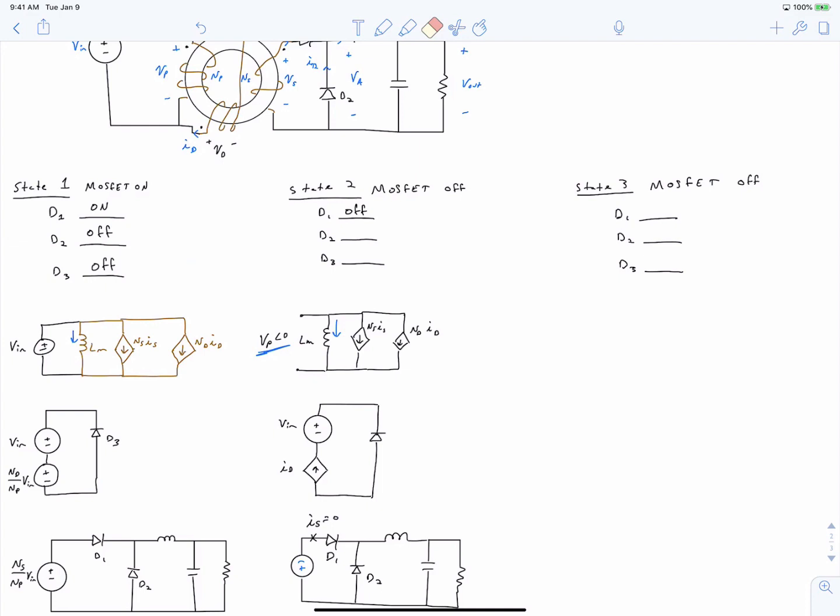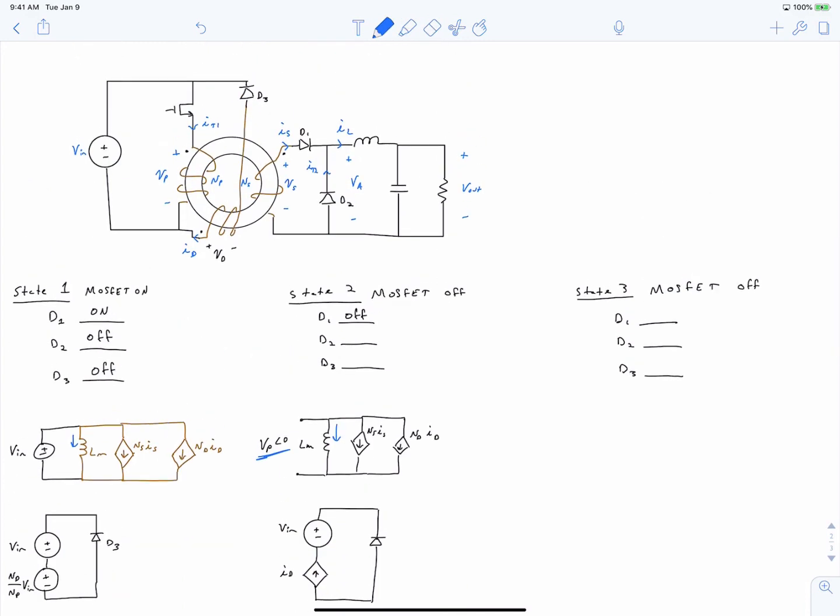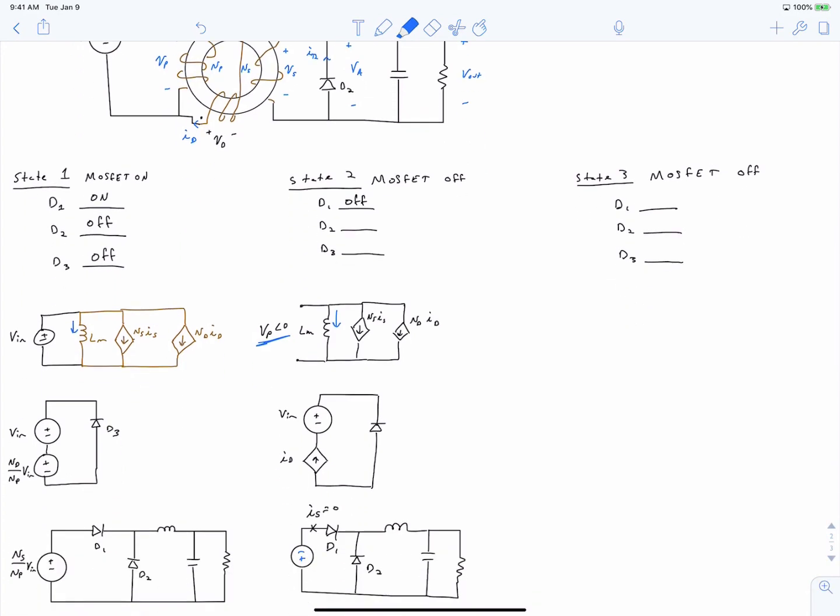So now let's talk about why I sketched this as a current source in the demagnetizing circuit. We know that It1 has to be 0 because our MOSFET is turned off. And we also know that Is equals 0 because diode D1 is turned off. However, we're stuck with this state where we enter state 2 where our core flux is non-zero at some positive value.